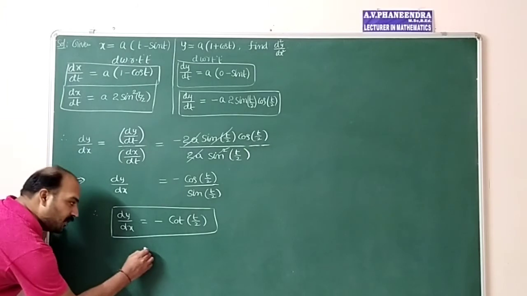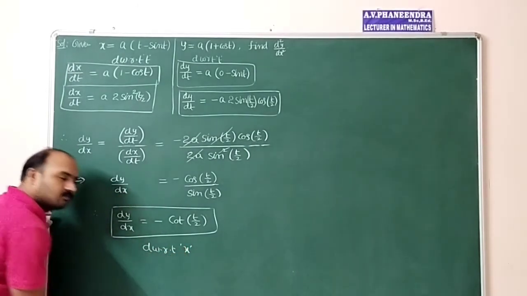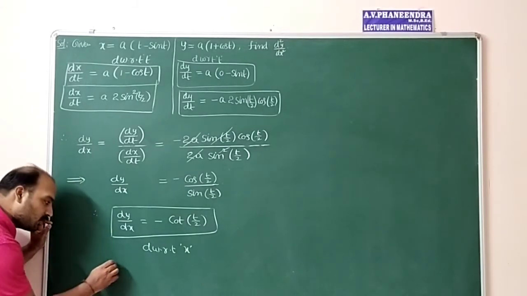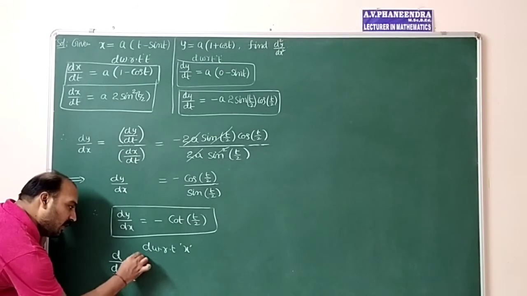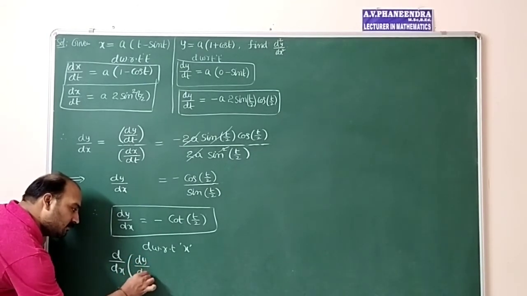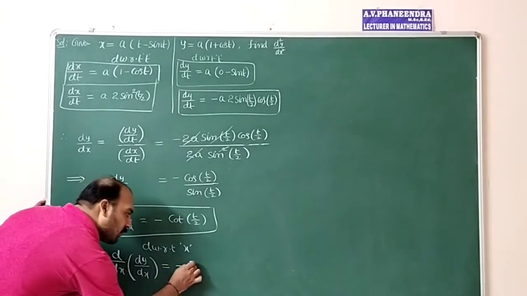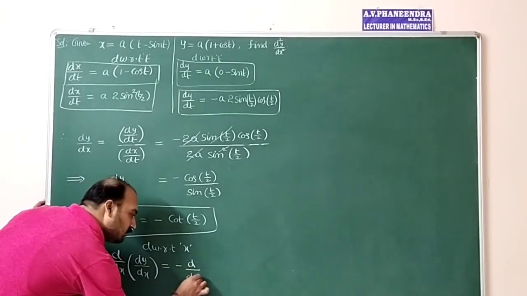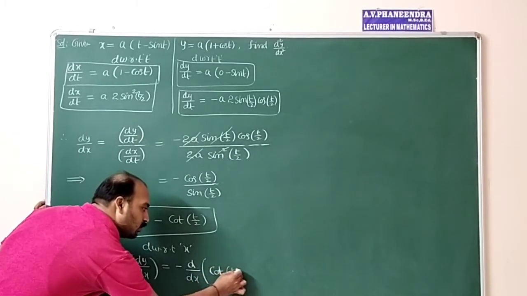So here, differentiate with respect to x on both sides. It becomes d by dx of dy by dx is equal to minus, we can take the minus outside, d by dx of cot t by 2.